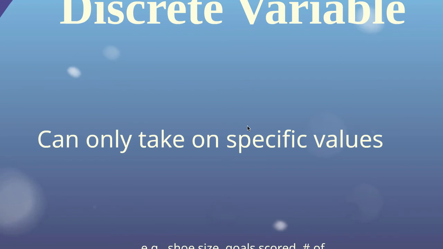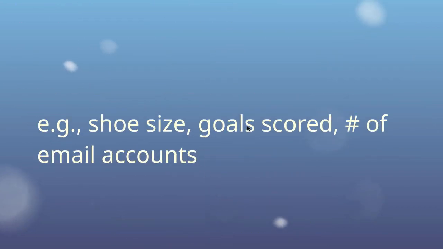So there's no in between that is possible. And a good example of this is shoe size. So if I'm trying to figure out people's shoe size, and I'm asking them to report the shoe size that they normally wear, they would probably say 7.5, 8, 8.5, 10. But there will be no in between, so there will not be something like 10 and 3/4. So it's only very specific values.